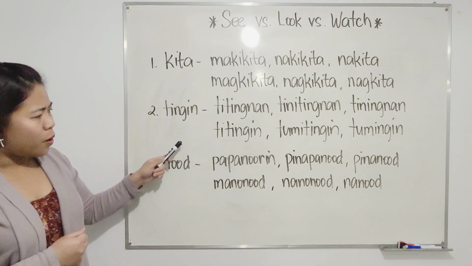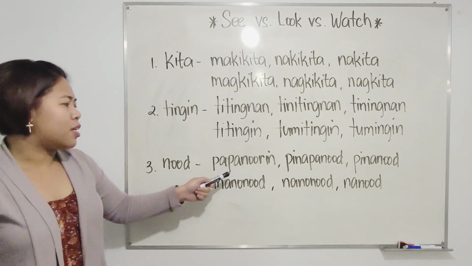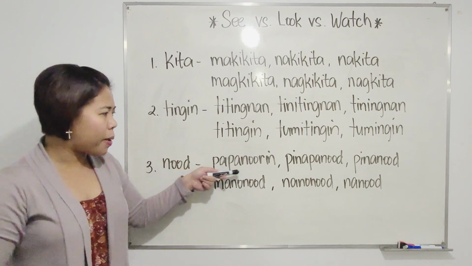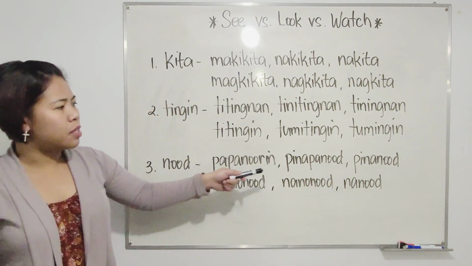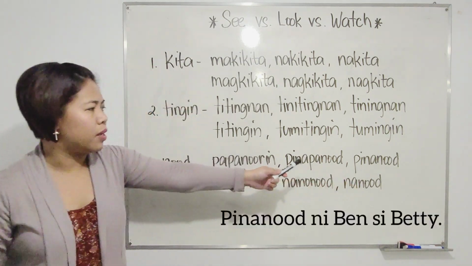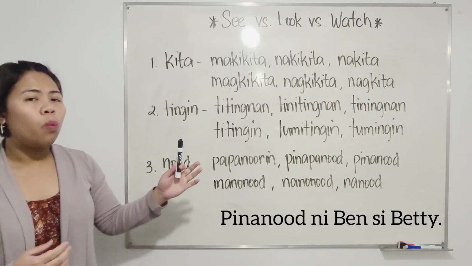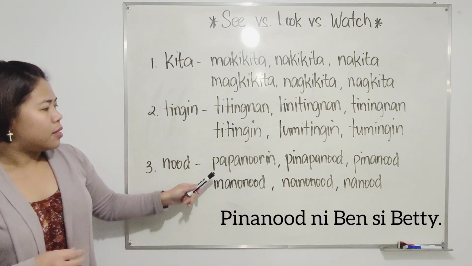Okay? So, number 3, noon. Same explanation. We used this format. The conjugation is pinanood. That's what we had in our sentence earlier. So, pinanood ni Ben si Betty. So, Ben watched Betty. So, it's the same.